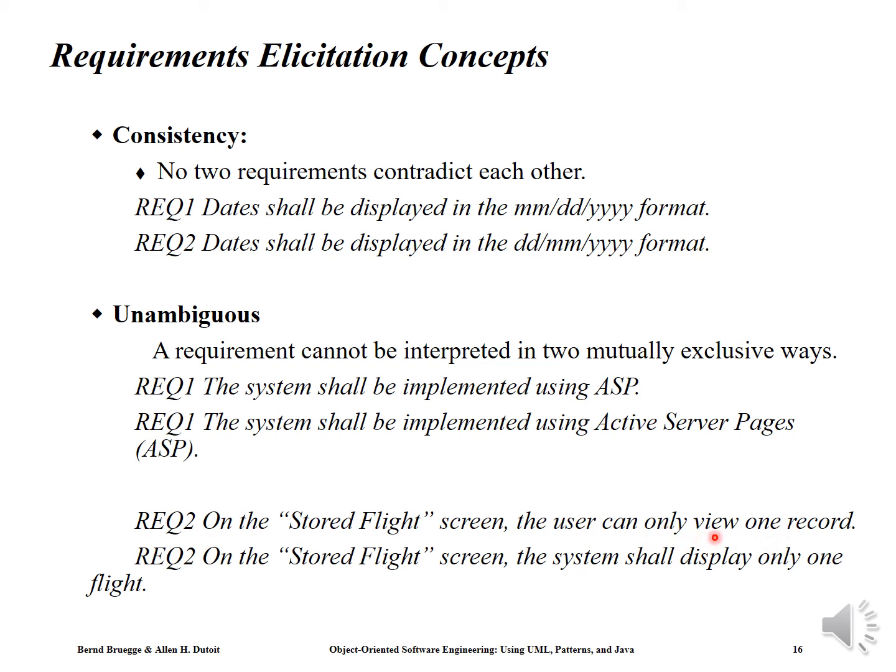Can only view, not delete nor update, or can only view one record, not two or three. So the correct version of the requirement is on the stored flight screen the system shall display one flight, instead of the user only views one flight. So it means only one flight.